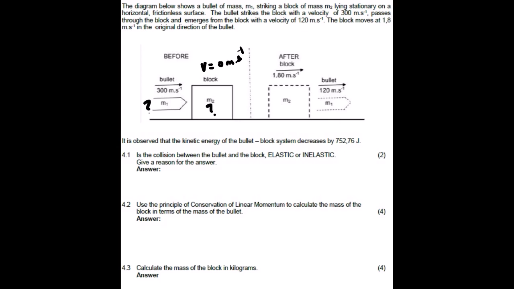Now we have a substatement or subscenario here. It says it is observed that the kinetic energy of the bullet-block system decreases by 752.76 joules. Now, during the discussions with my fellow learners, this statement was confusing them.